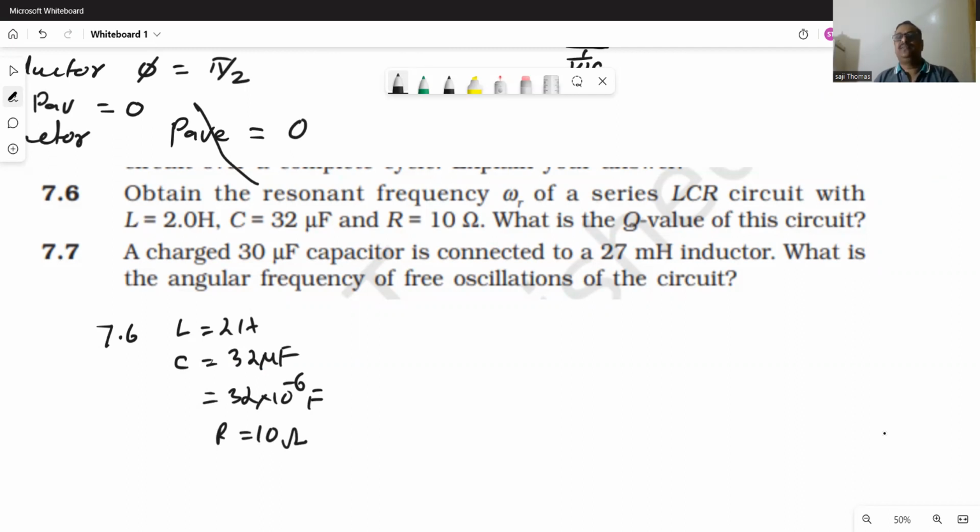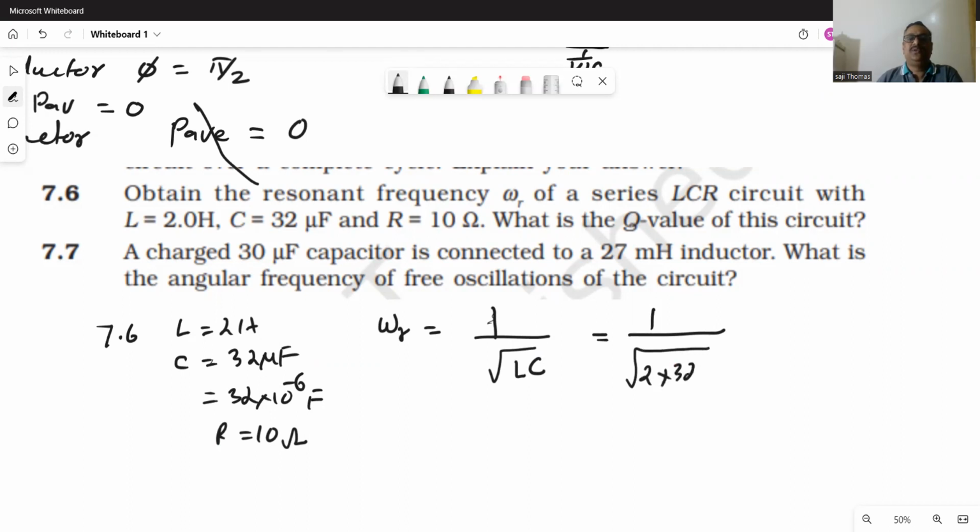How will you find out the resonant frequency? Omega R. What is the equation? The equation is 1 by root LC. Just put the values. 1 by root of 2 into 32 into 10 to the power minus 6. So it will be 1 by root of 64 into 10 raised to minus 6.